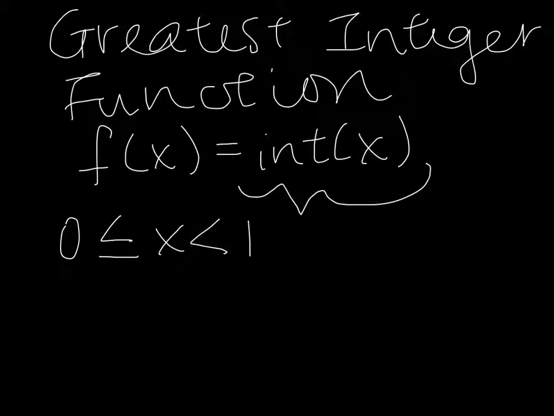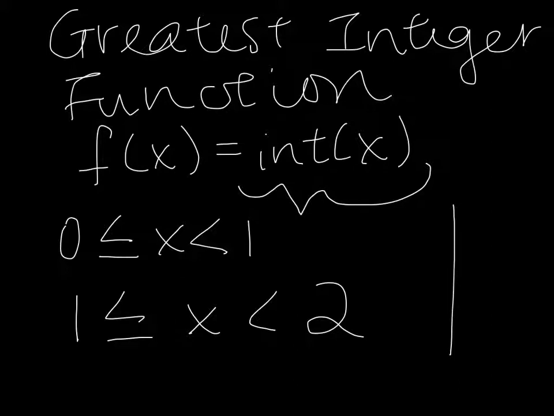So say it was something like this. f of x would then be 1 because that is the greatest number that x is greater than or equal to. And since f of x equals a number, that means the graph would look something like this.